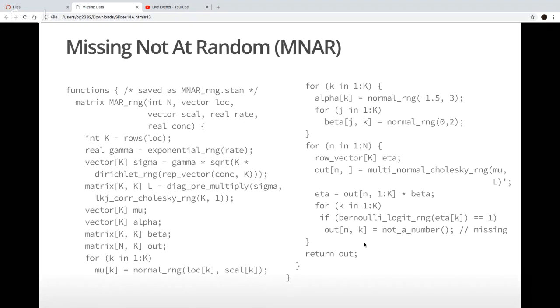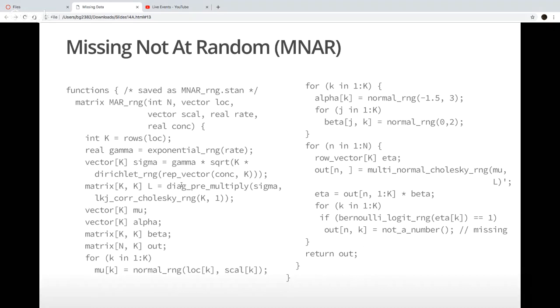So the general case, where the probability of being missing can depend on any of the true data values, is what's known as missing not at random, or MNAR, which is not to be confused with not missing at random, or NMAR, which is the same thing as MNAR. But both of those are a much weaker assumption than missing at random or missing completely at random.